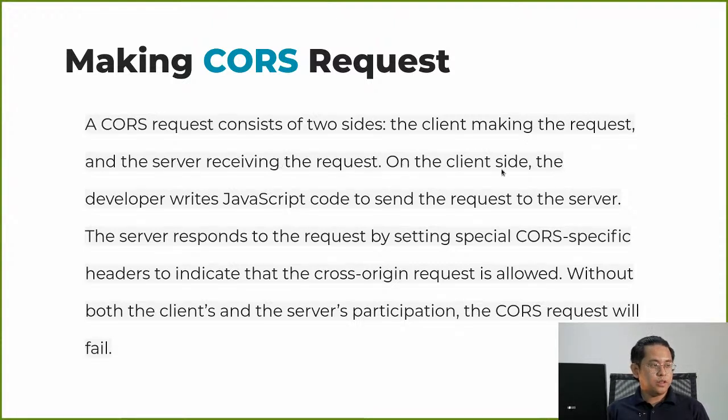On the client side, the developer writes the JavaScript code to send a request to the server. The server responds to the request by setting special CORS specific headers to indicate the cross-origin request is allowed. Without both the client's and the server's participation, the CORS will fail.